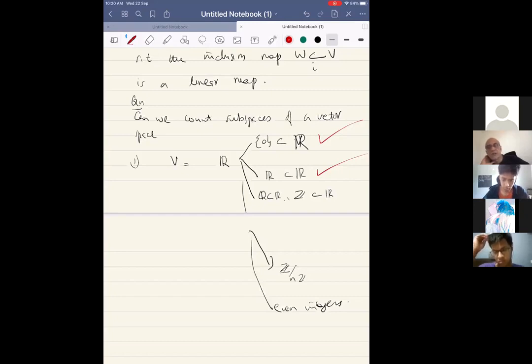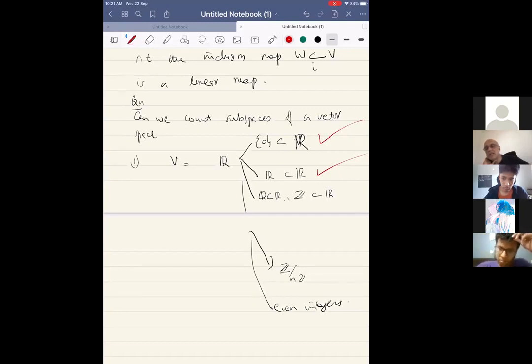This is true of all integers also. If I take the integer 1 and multiply by half, I get 1/2, which is not an integer. Even the rationals are not a real subspace, because if I take the rational number 1 and multiply it by the non-rational number √2, I go outside the rationals.